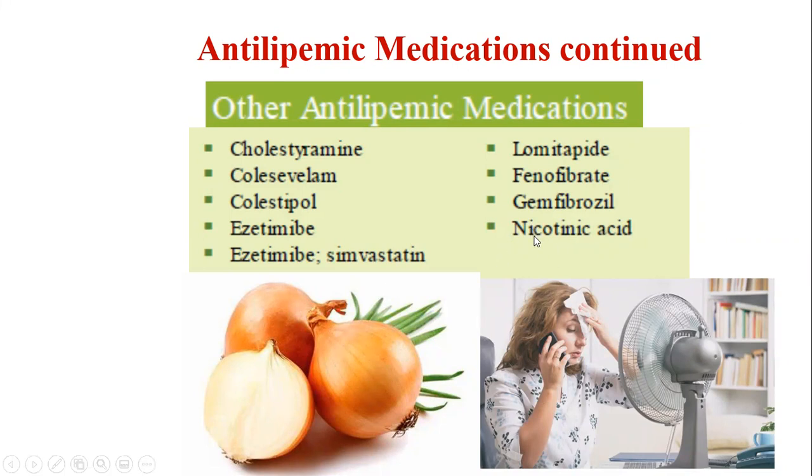Another group of medication is called nicotinic acid, or niacin. This is the onion. Onion is a source of niacin, and it reduces your cholesterol. Niacin's other name is vitamin B3.